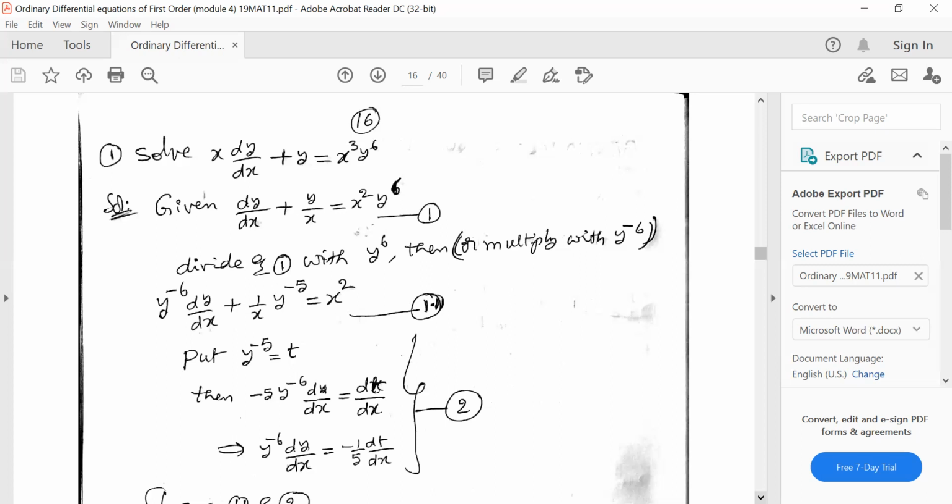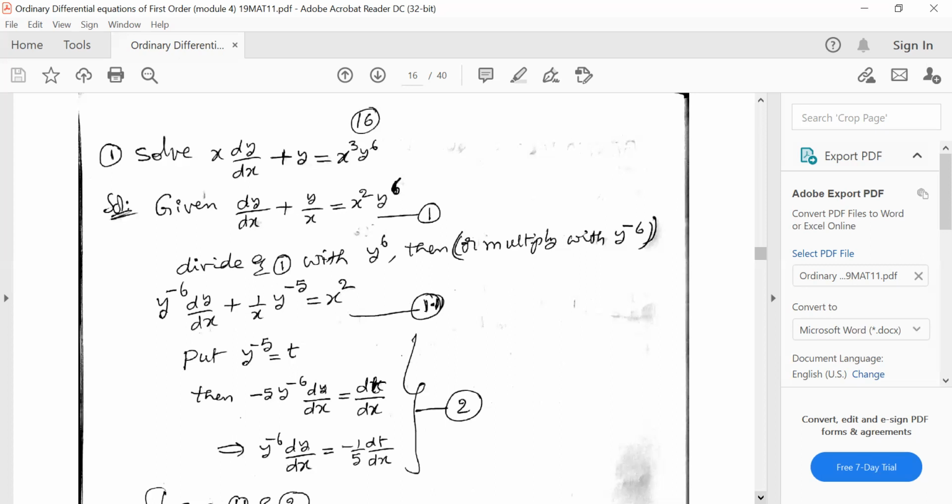By doing that, we get y power minus 6 dy by dx plus 1 by x into y power minus 5 is x square. This y power minus 5 term is there, right? That we will name as t, like the procedure we discussed in the previous problem.